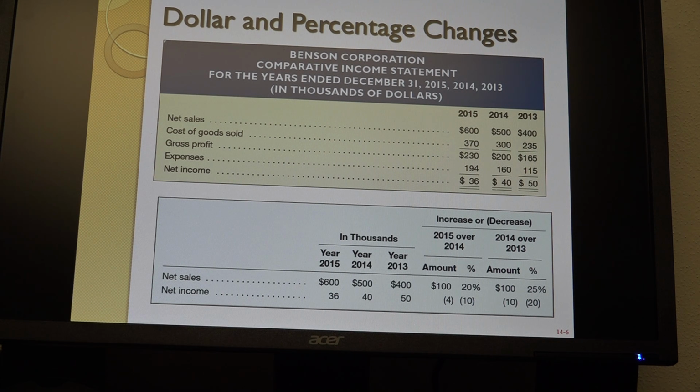Net income, though, actually went down $10,000, which is a 20% decrease. So that's how you read those. Your base is 2013 in that case. And then, of course, they have it comparing 2014 to 2015, with 2014 being your new base in that example.